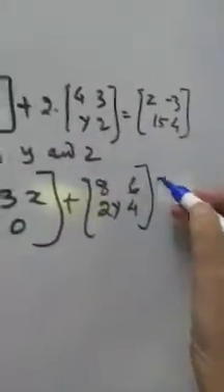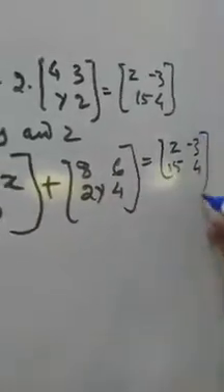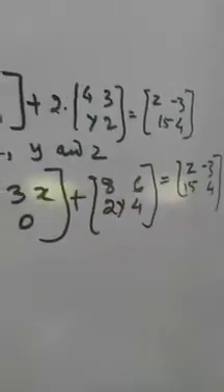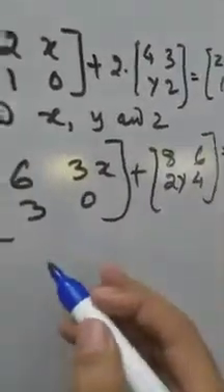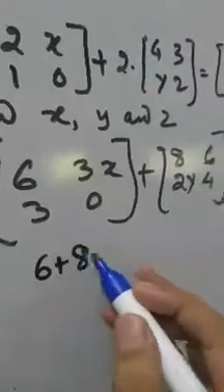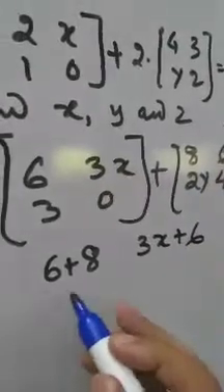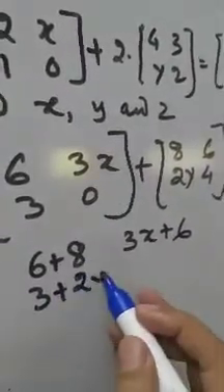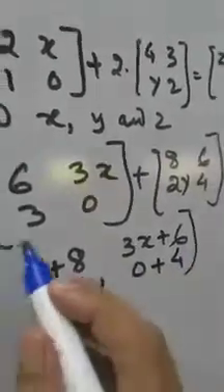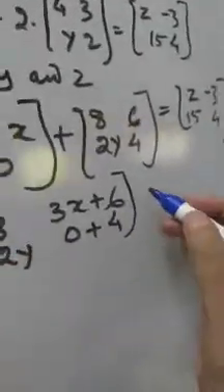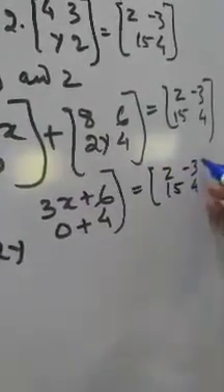Then this is equal to, here no operation is given, so z, minus 3, 15, 4 as it is. Now on the left hand side I have to do the addition, so 6 plus 8, 3x plus 6, then 3 plus 2y, then 0 plus 4.